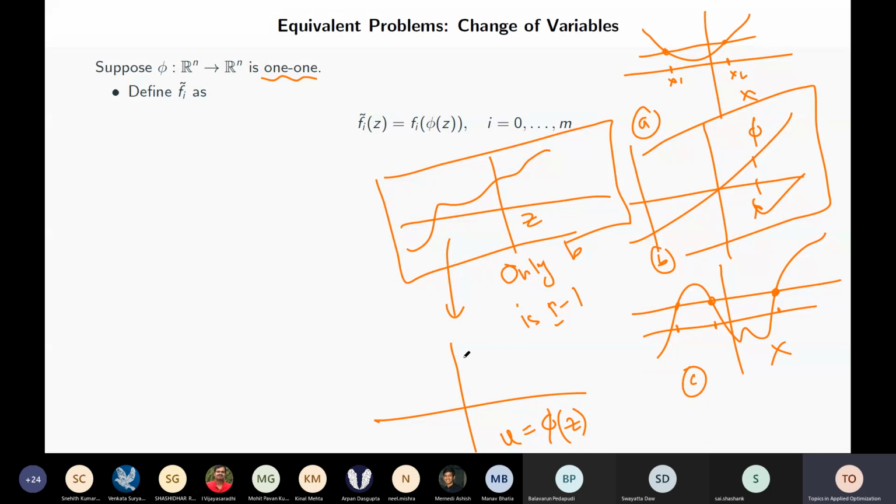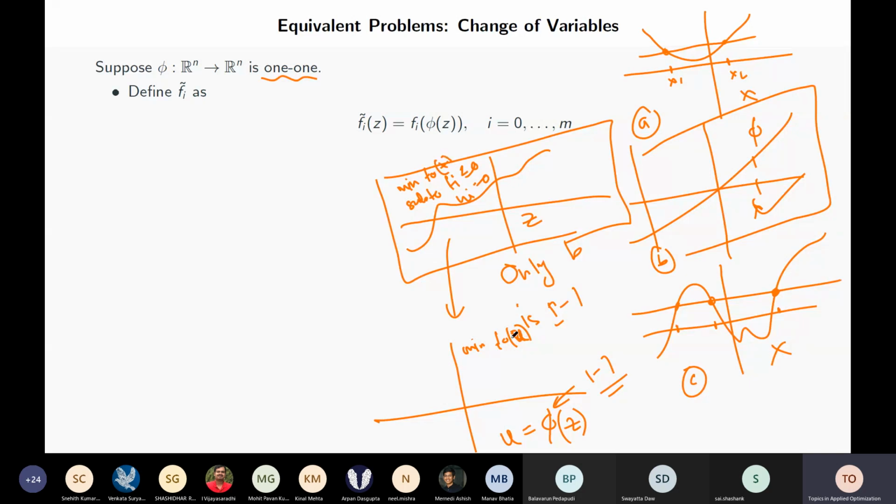What this result says is that if you do this, provided that phi is a 1, 1 function, then the problem that you were solving here, the z variable problem, was minimize f naught subject to f i less than or equal to 0, h i equal to 0. And the new problem is to minimize f naught of u.